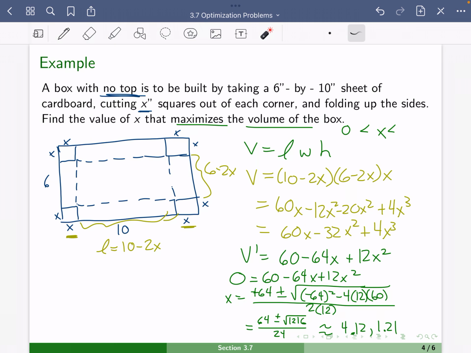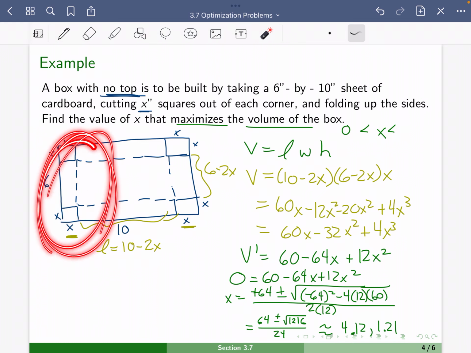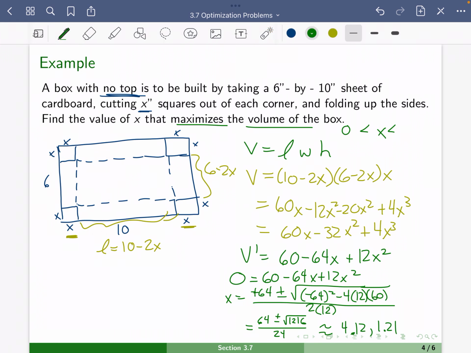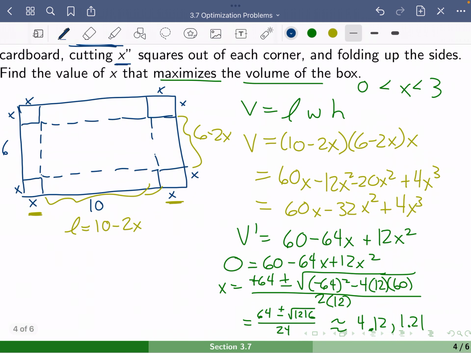And since this length is 6 and we're cutting out 2 corners, we should not cut out a corner of length 3. So 3 should really be the maximum. Once we go past 3, it's no longer going to make sense. So our value of x should be between 0 and 3. So this 4.12 won't make sense.